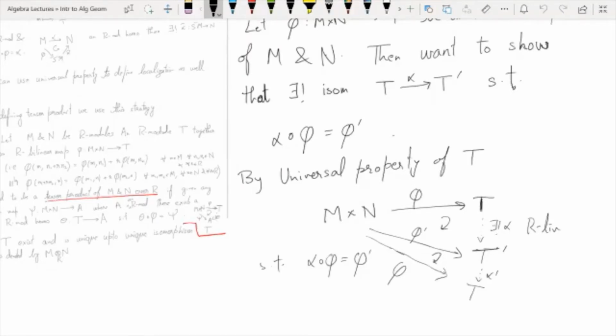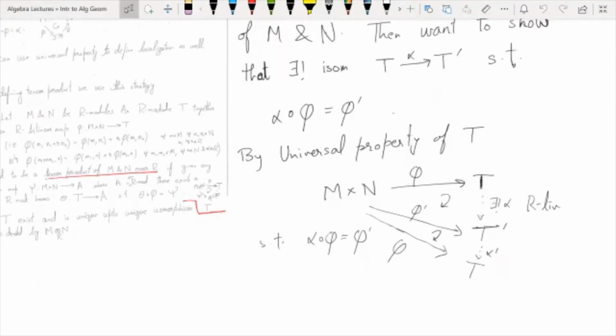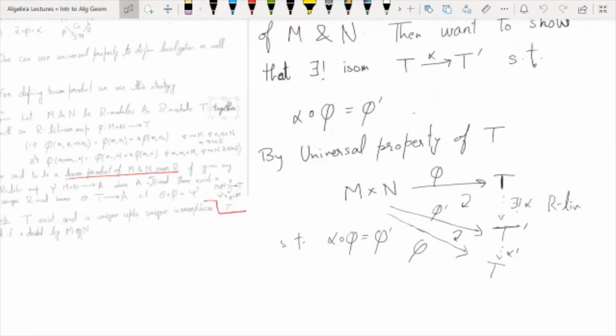And then by using the universal property for T prime, remember T prime is another tensor product, so that also has a universal property. Using the bilinear map phi, we get a map alpha prime from T prime to T, and again this is unique.